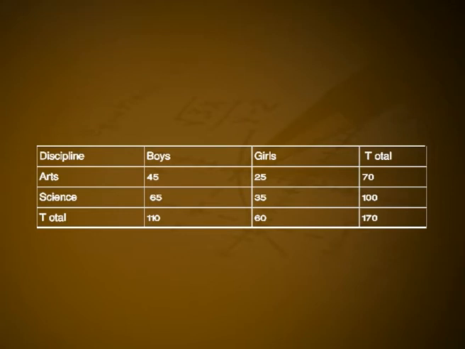In arts, there are 45 boys, 25 girls and the total is 70. In science, there are 65 boys, 35 girls and the total is 100. The total number of boys is 110, girls is 60 and the grand total is 170. Let A be the event that a student selected is a boy and B the event that a student selected studies a science subject.